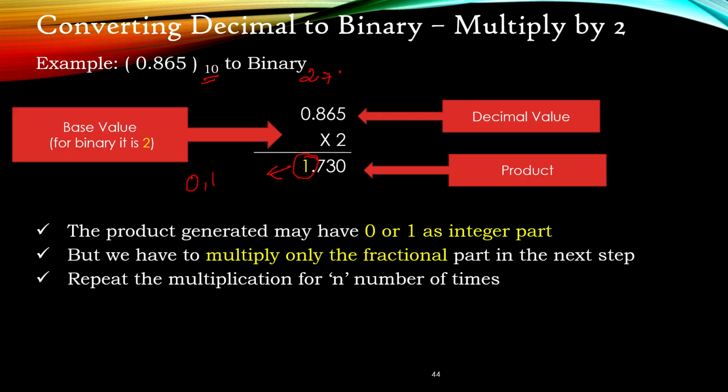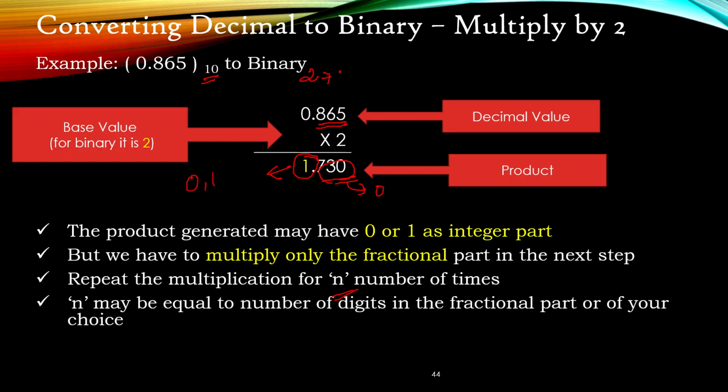This n may always depend upon the number of fractional parts we are having, or we can also extend that, or we can stop in the midst when we are getting the decimal part of the product value as 0. So there are three conditions there. We have to stop for the nth time, or we have to stop when the decimal part becomes 0. So now we can continue.